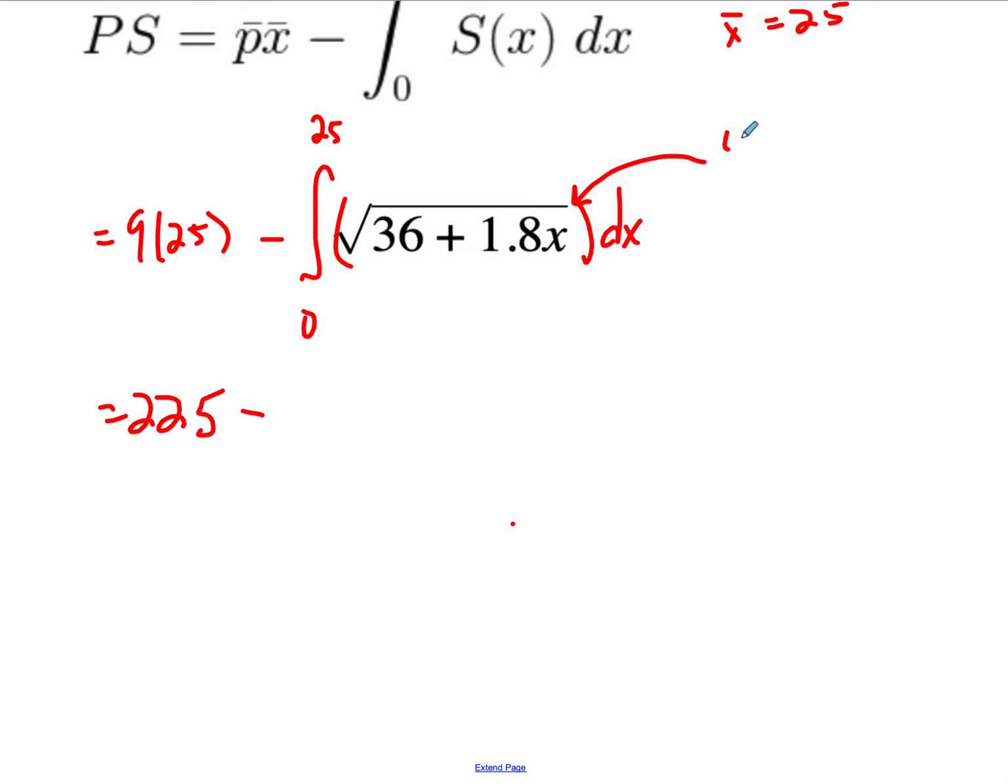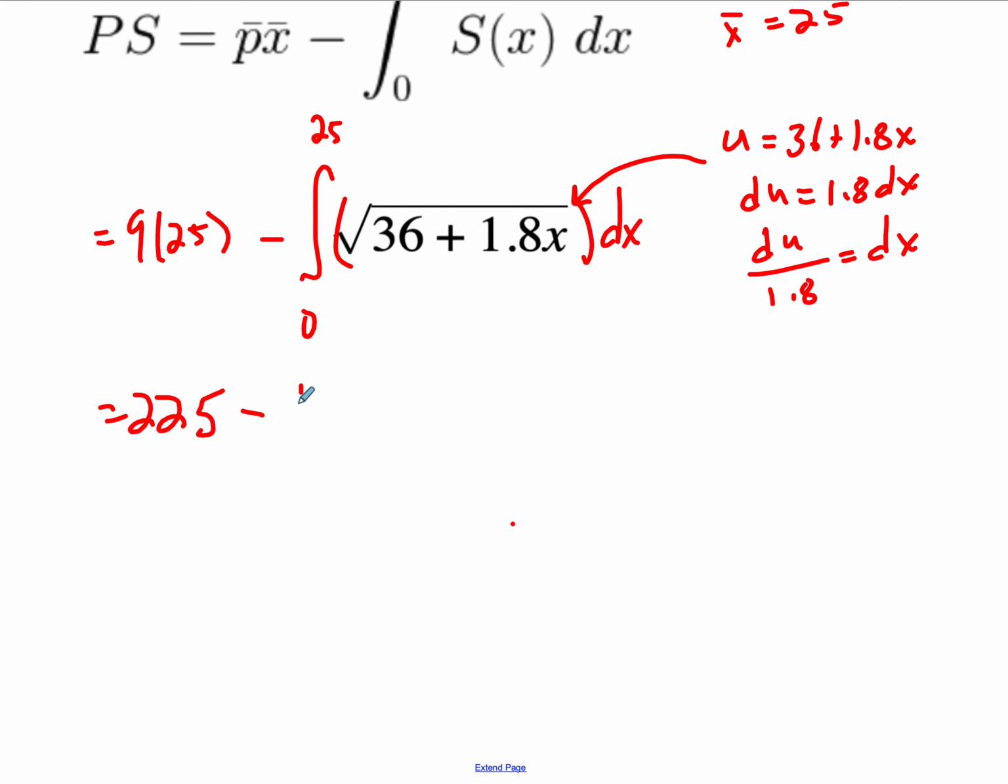To do this, let's let U equal 36 plus 1.8x. So du equals 1.8 dx. And there's no 1.8 in here, so we're going to use du over 1.8 equals dx. So I can make the direct substitution. Now, I'm going to plug 25 in: 25 times 1.8 plus 36, and that's 81.